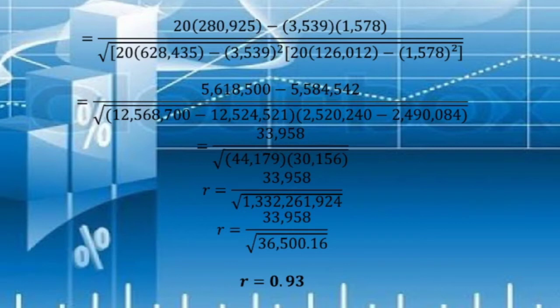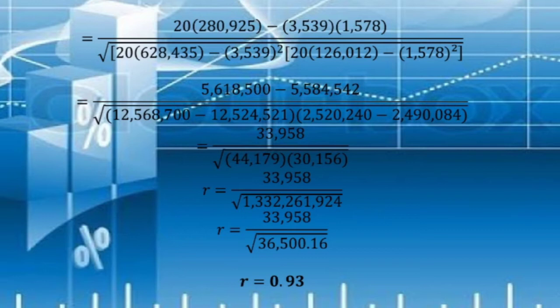Then r equals 5,618,500 minus 5,584,542 equals 33,958, over, then copy the square root of 12,568,700 minus 12,524,521 equals 44,179.